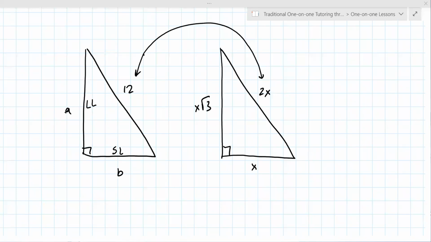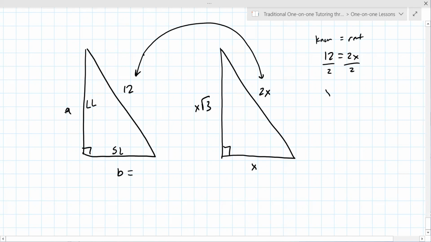Do you have any answers to share yet? Yes. What is the value of B? I just said 12. So if you set 12 equal to 2x, that's the known equal to the reference, and you divide by 2, x is 6. x is the short leg.